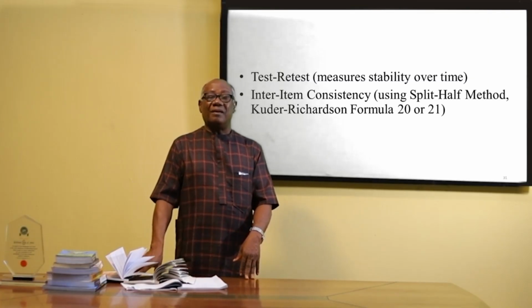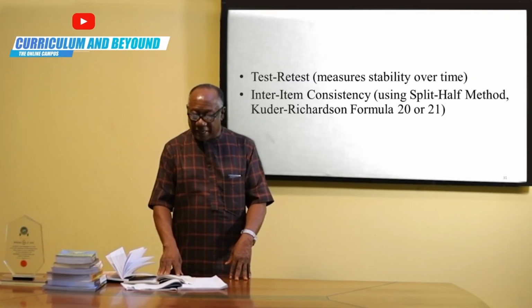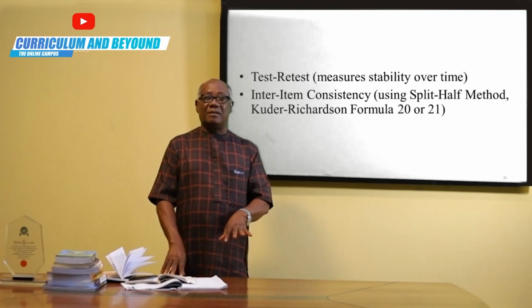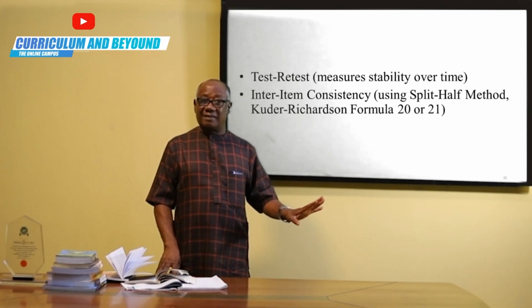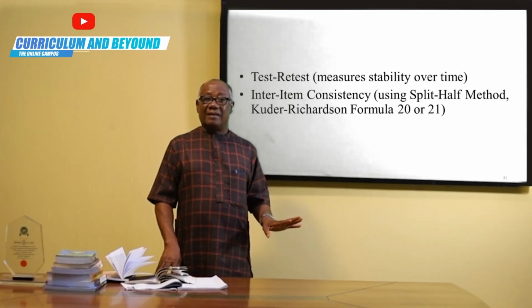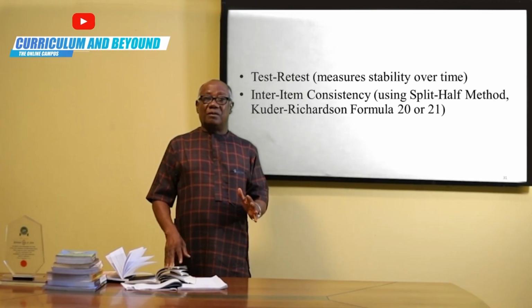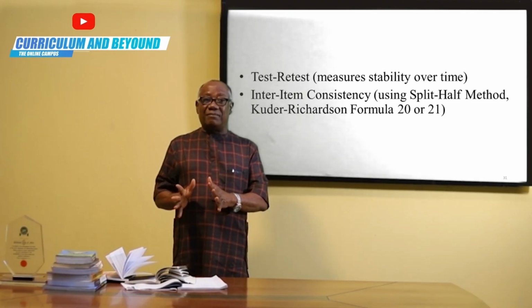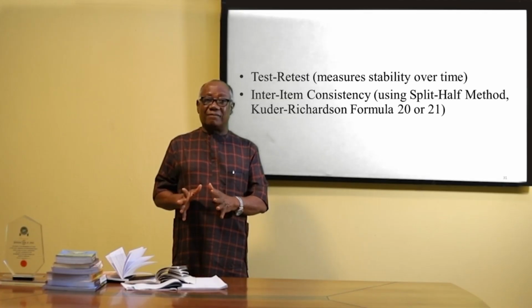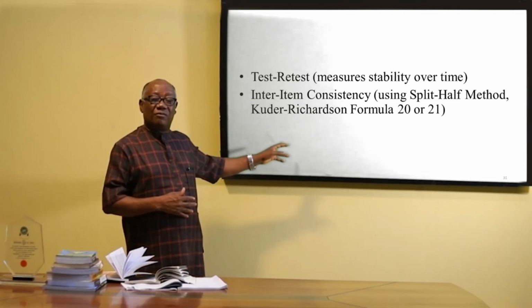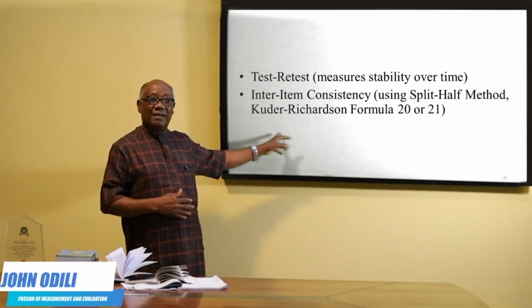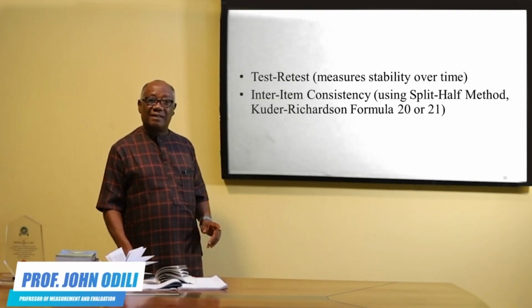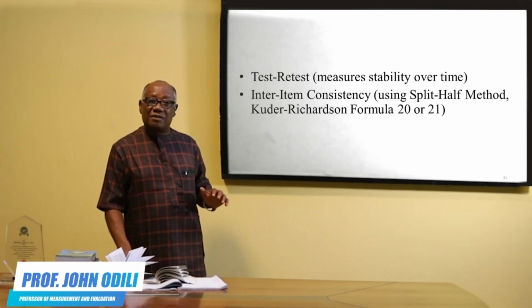Now, by the time you have talked about stability over time using test-retest, you go to the other method of establishing reliability, and that is what we call inter-item consistency.